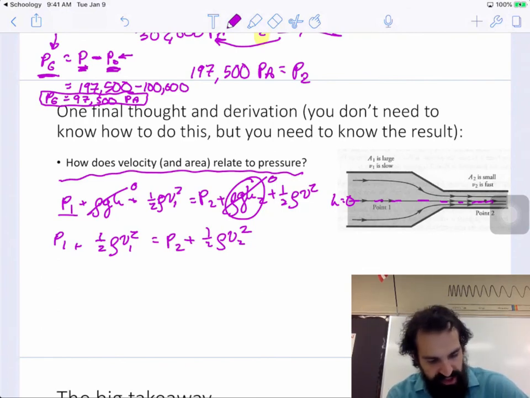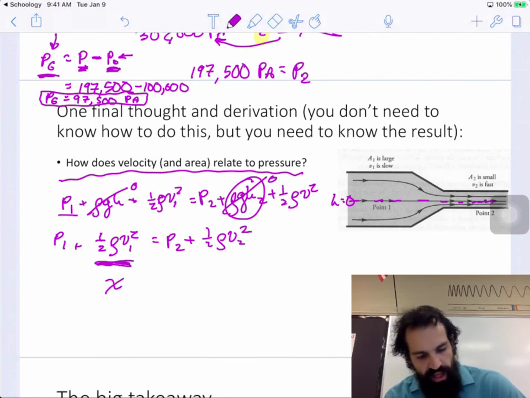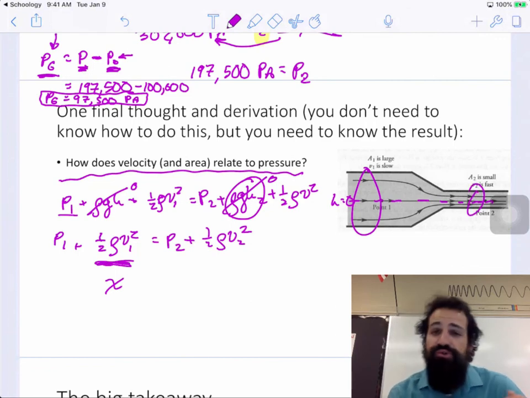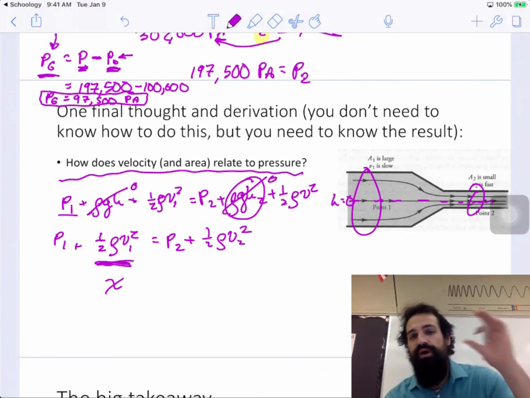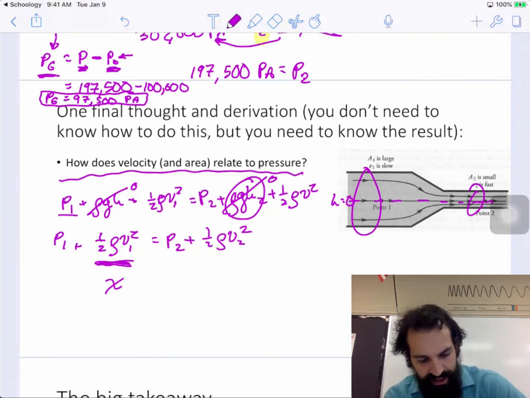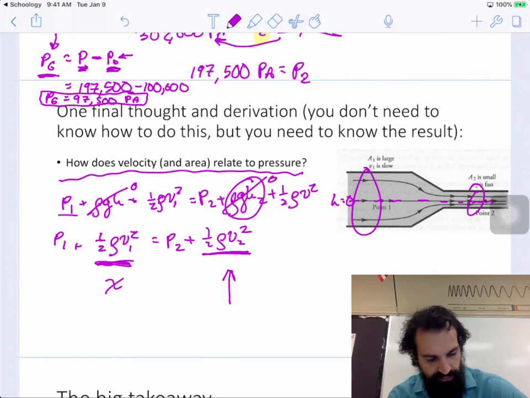But if we say the velocity at 1 is x, as we go from position 1 to position 2, you should be able to accurately predict what's going to happen to the velocity. Because the pipe gets smaller, the velocity should get higher, which would mean this entire term is going to get bigger.